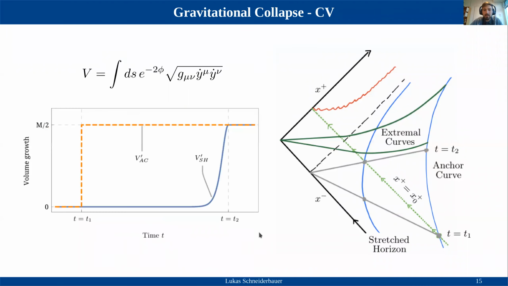This is also the reason why you have this kind of shape here and not a sharp onset, because they are a little bit different in these regions. Okay, thanks.